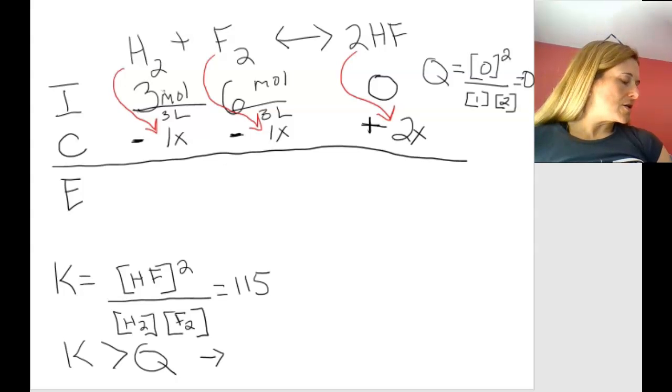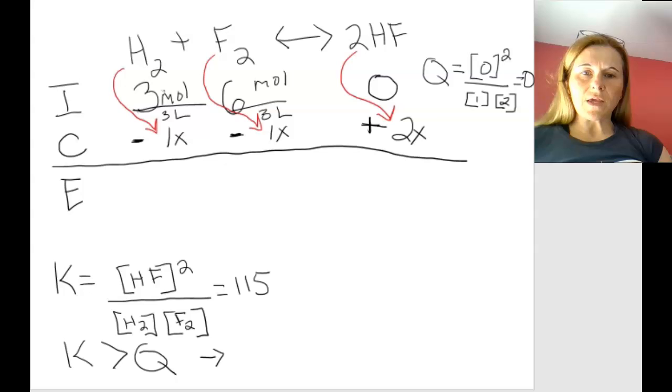So our change is going to be 1 minus 1x, 2 minus 1x, and obviously it's 0, so plus 2x.